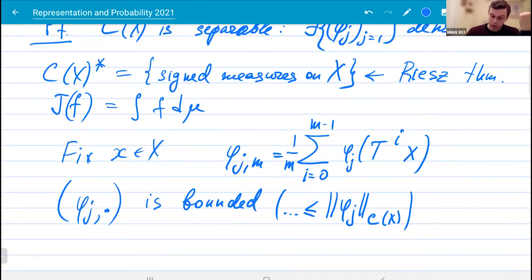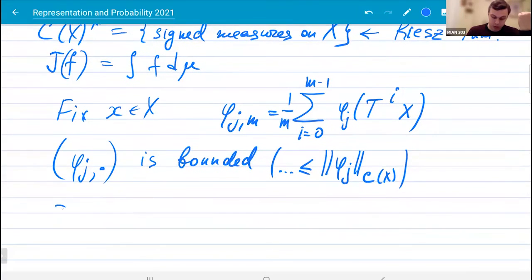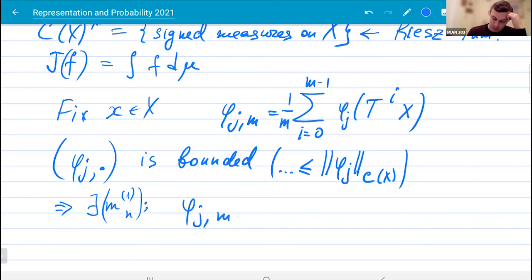And moreover, there exists a subsequence m1 such that the averages for phi 1 converge.